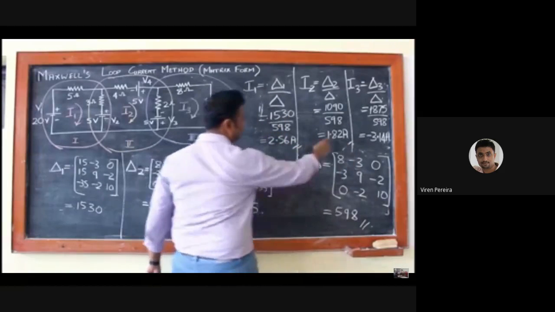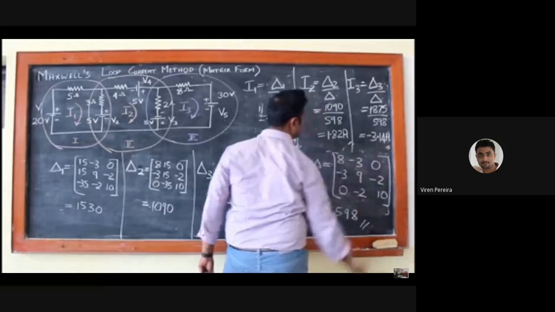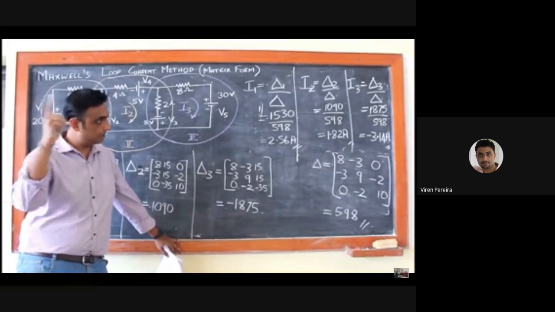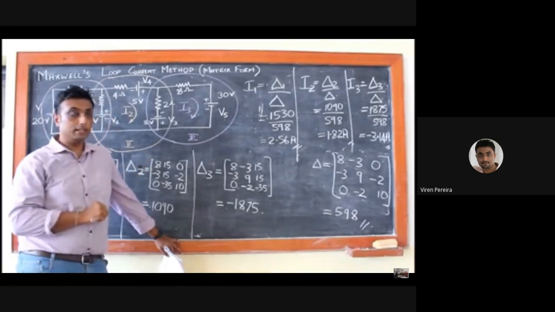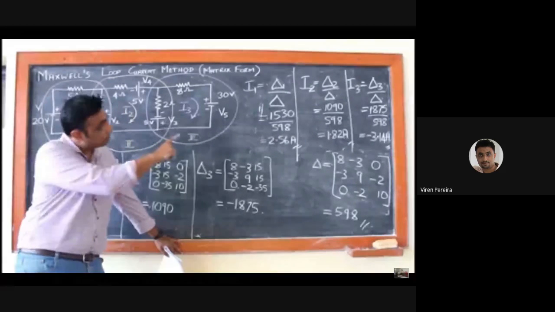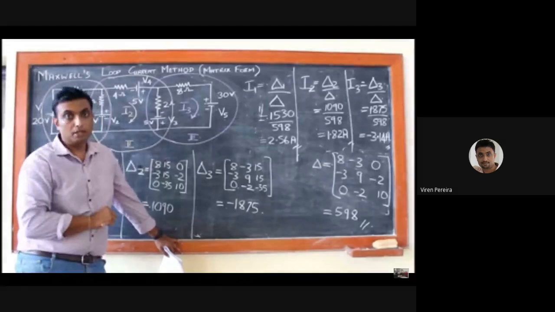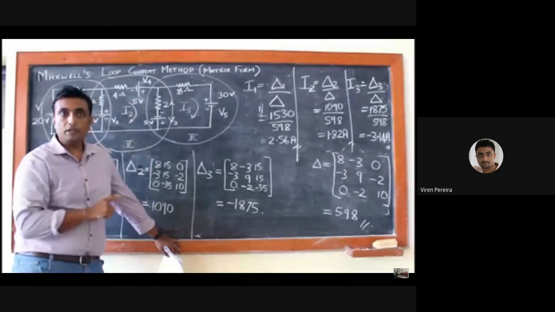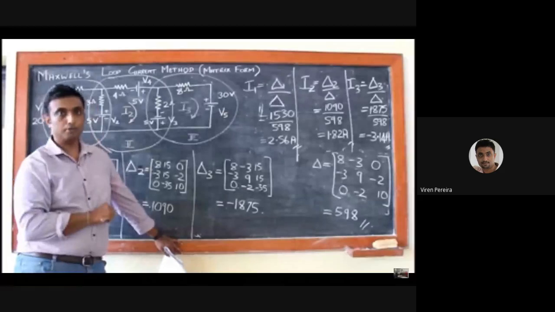When we solved it using simultaneous equations, we got the same values. Even by solving it using matrix method, we also got the same values. So your answers will never differ no matter which method you use.